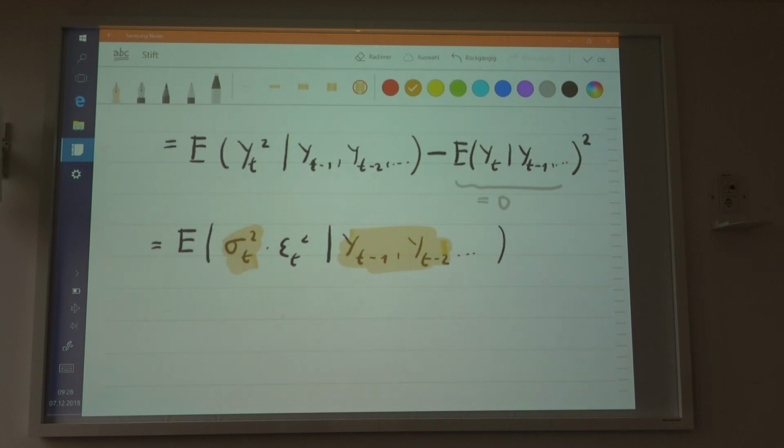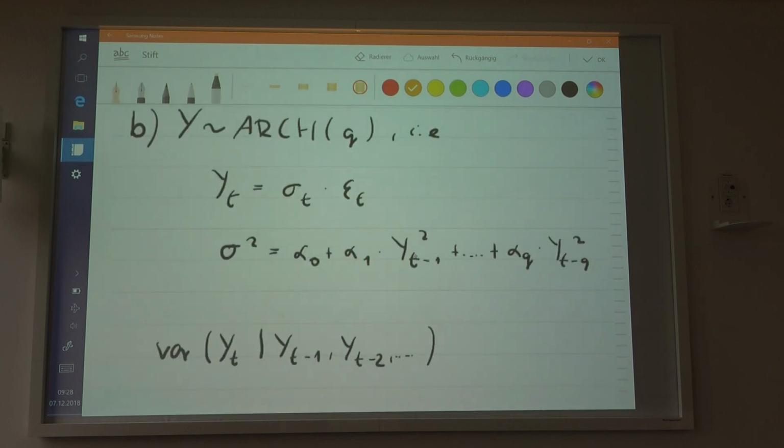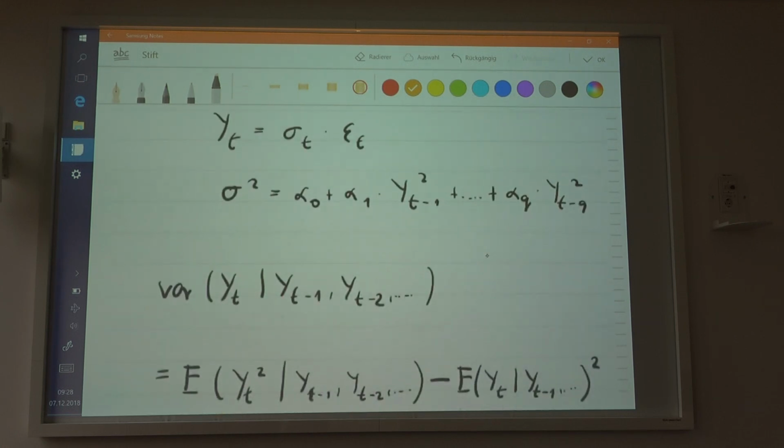That means this expression is already a constant because the path is given. So these things are given, I'm talking about y_{t-1} squared, y_{t-2} squared, etc. So in that case the volatility is also given. Sorry, I forgot to denote an index here, so this is going to be sigma squared t, of course.